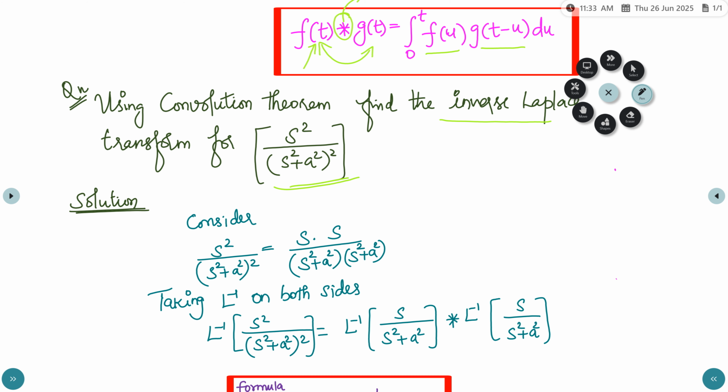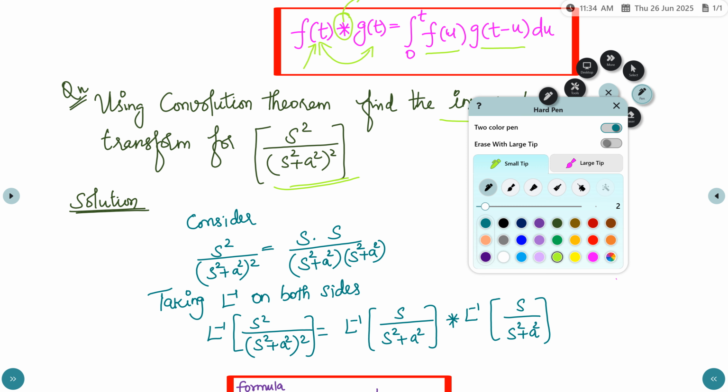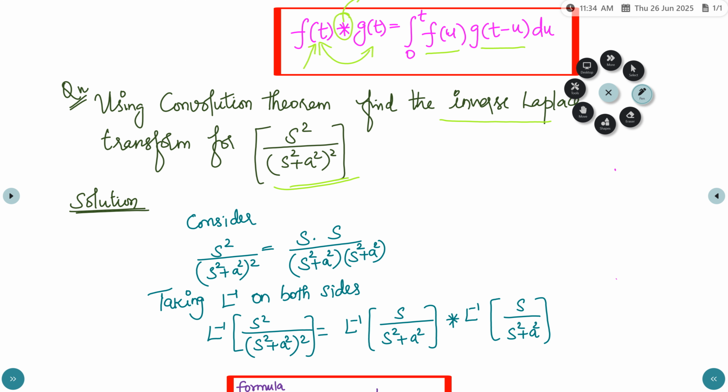Let us start the solution using the convolution theorem. We are going to split up the given function into a product of two functions, because for convolution we need two functions f of t and g of t.